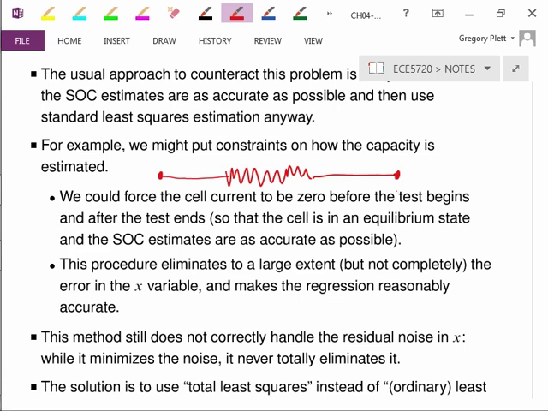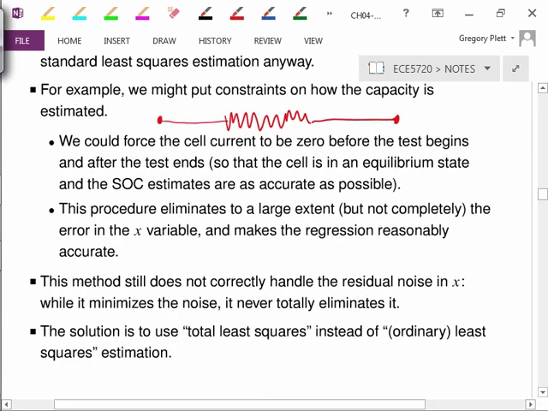So maybe while I'm plugged in and charging, if that's a possibility in this application, we could do that. So this procedure is going to eliminate to a large extent, but still not completely, error in this X variable. It's going to make regression reasonably accurate, but it's still not going to be perfect. It will still be biased by any residual noise that we have in the X variable.